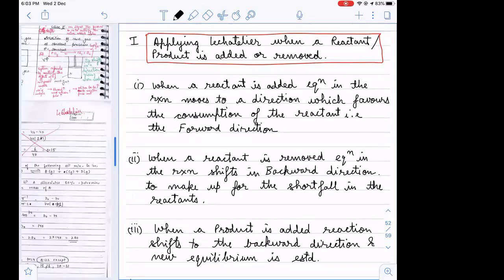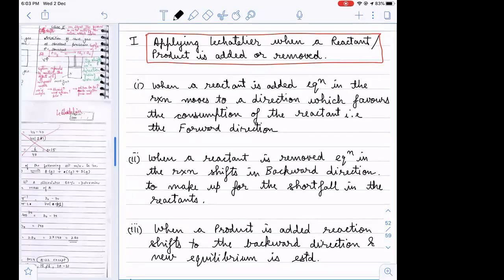Now there are a few points. Let's read them in order to understand them. Nikhil, can you read the first point? When a reactant is added, equilibrium in the reaction moves to a direction which favors the consumption of the reactant, that is the forward direction.